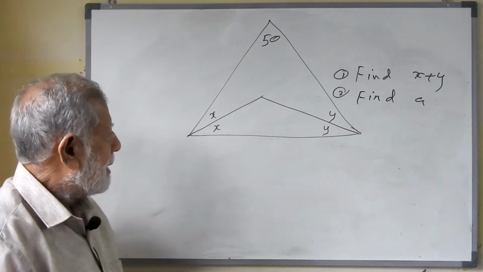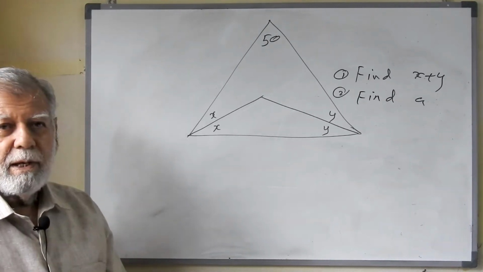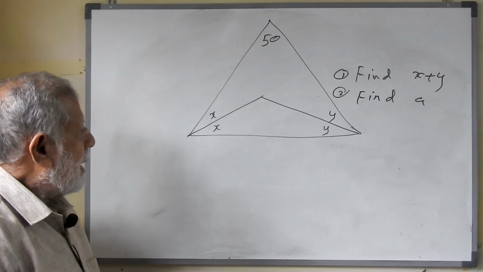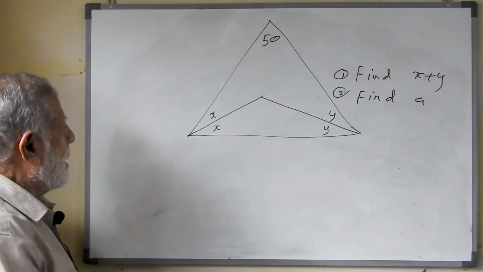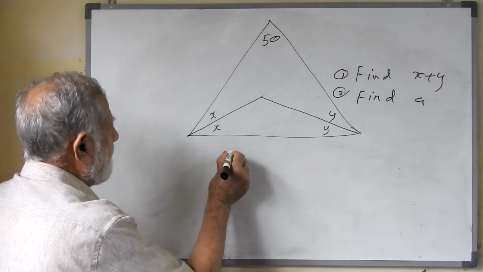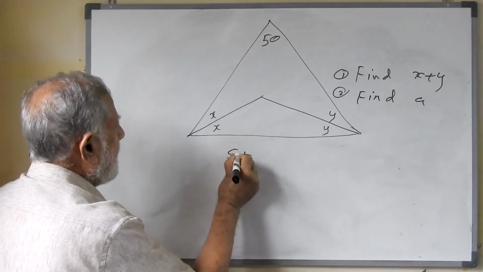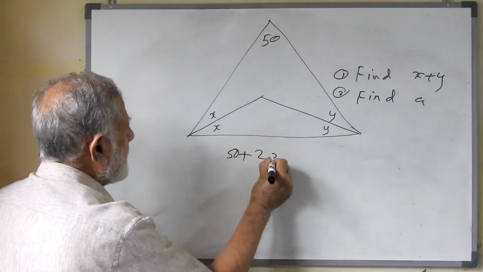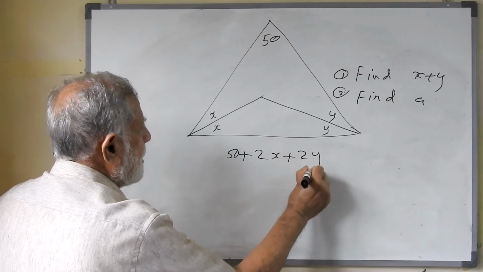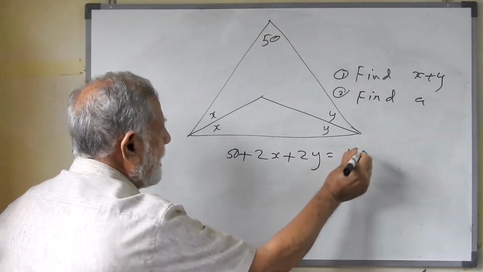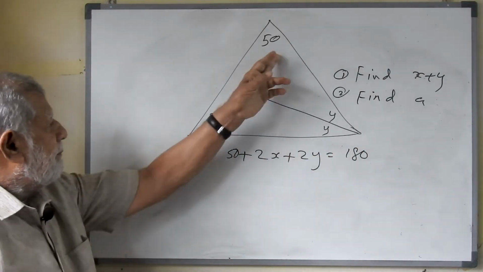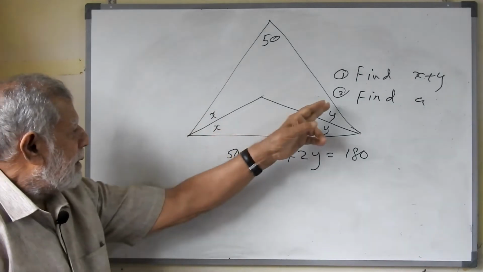How are we going to do that? Here it comes to the sum of the angles of a triangle. Immediately we can say that 50 plus 2x plus 2y is equal to 180 degrees. That is the angles of a triangle. This angle is 50, this angle is 2x, this angle is 2y.